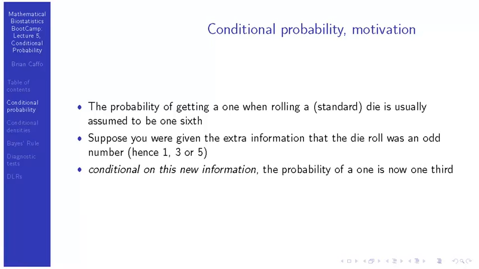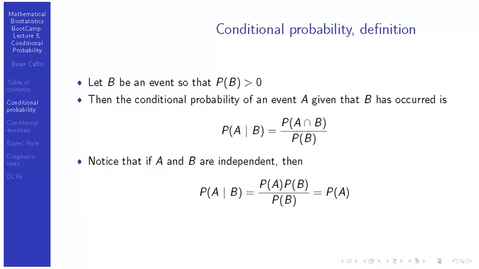A 2 or a 4 or a 6 is not possible given this extra information. Then conditional on this new information, everyone would probably agree that the probability is now 1/3. And all we're going to do in the next couple of slides is mathematically develop these ideas a little bit more completely.